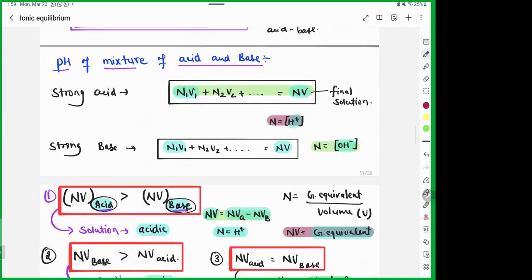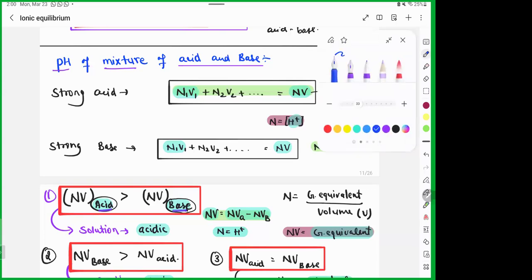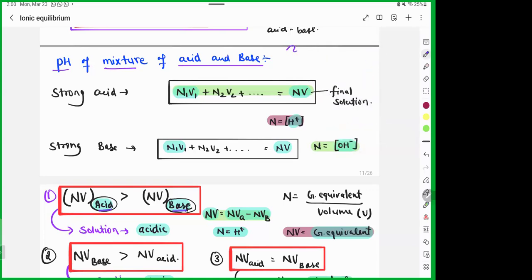Next is, if you have acid and base mixture, what is the impact on the overall pH? If you have more acid, then pH will be less than 7.